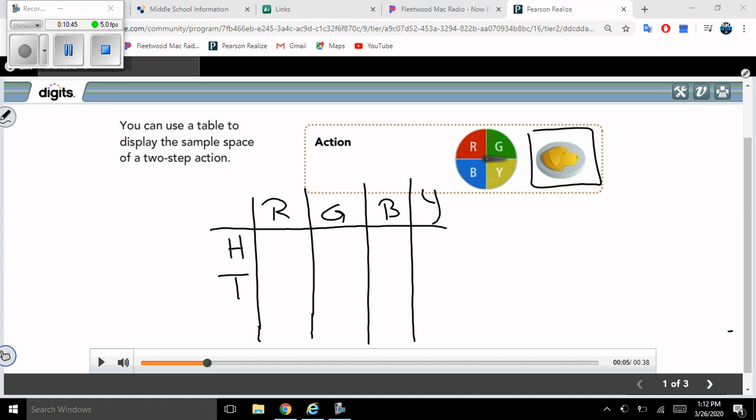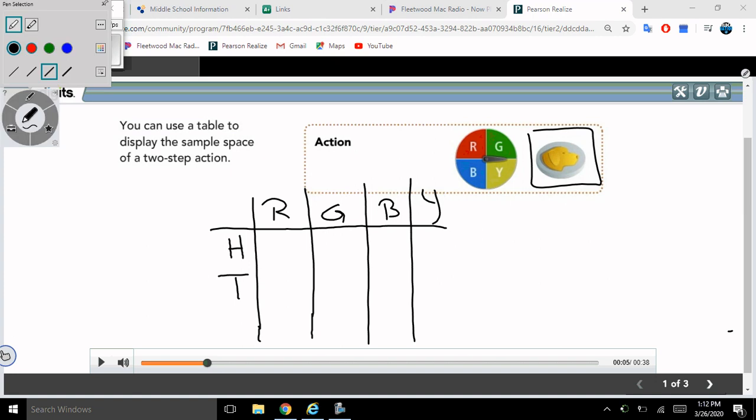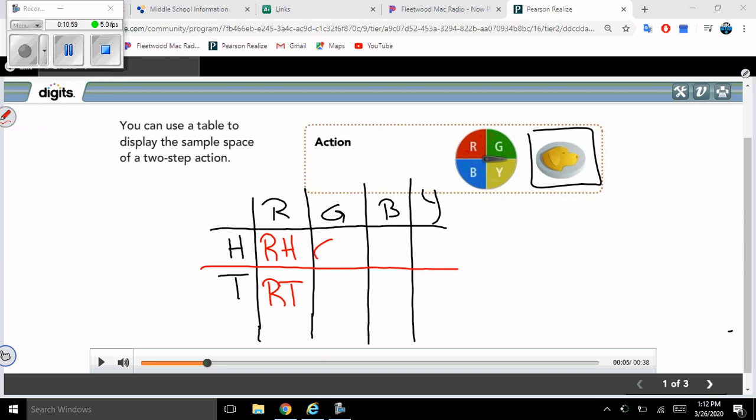So when we get done with this and you fill out the table, it's kind of like our multiplication table, whereby we're going to get red followed by heads, red followed by tails, green followed by heads, green followed by tails, blue followed by heads, blue followed by tails, yellow followed by heads, and yellow followed by tails. So two-step action, okay?